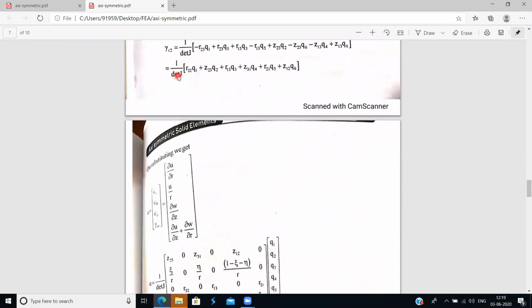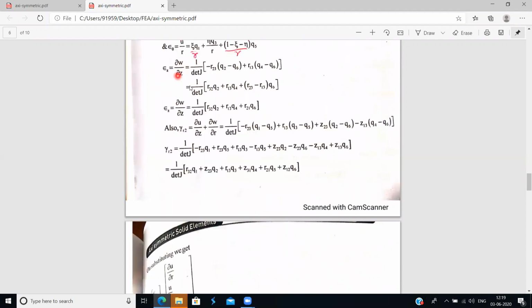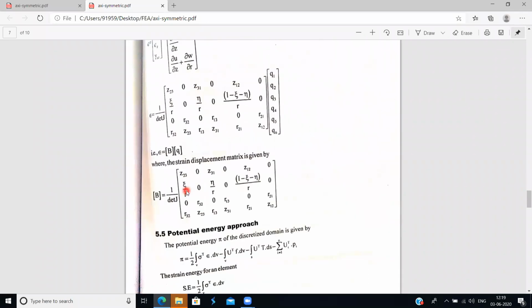So you can see 1 divided by determinant of J is common, and here q1 z23, q3 z12, q5 z23. Now we are writing epsilon r, epsilon theta, epsilon z, and gamma rz in the form of a matrix. Then we will get this total matrix. Epsilon is equal to 1 divided by determinant of J, this total matrix into displacement.